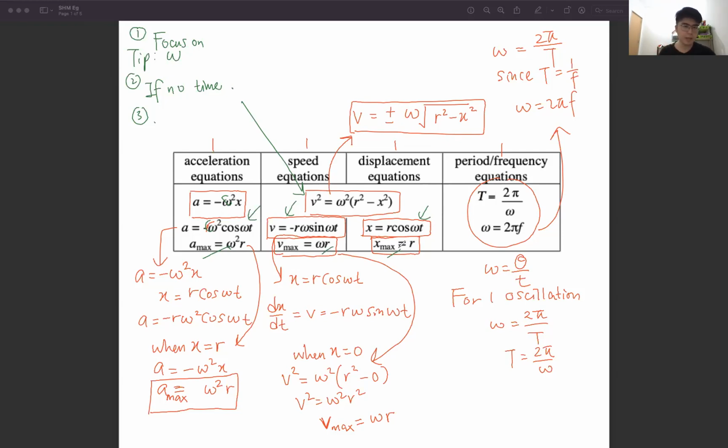Now, a few things I want to point out also. Later I'll show examples of how to do this after our break. One thing is that we have the formula x equals r cos omega t, right?